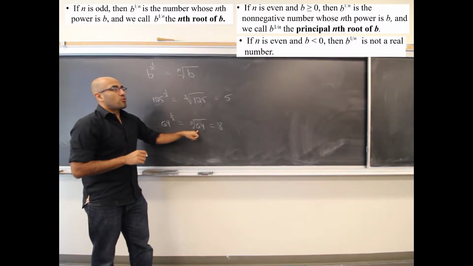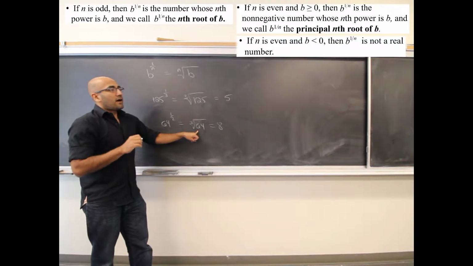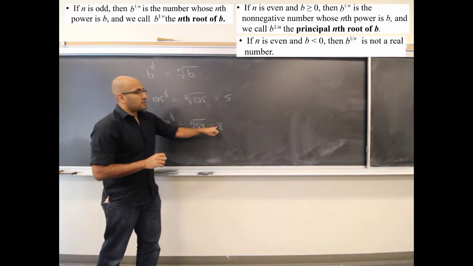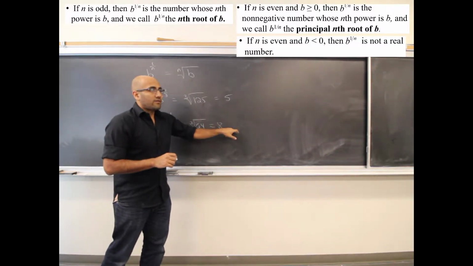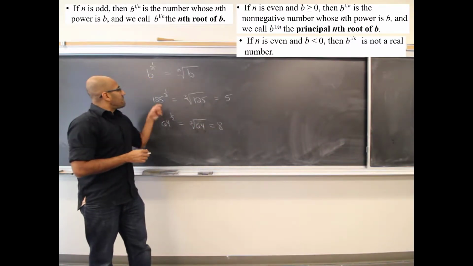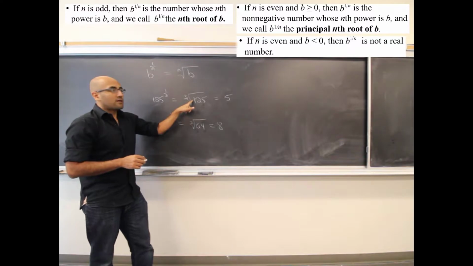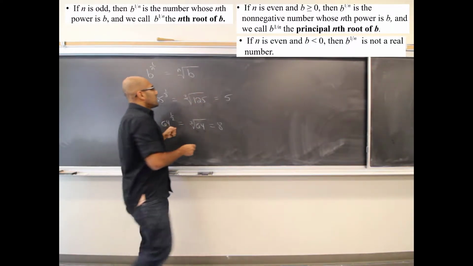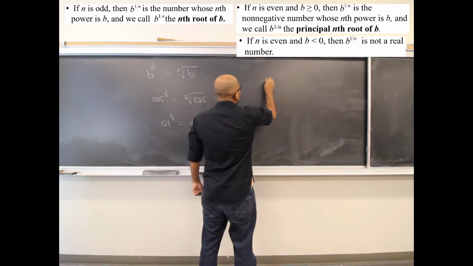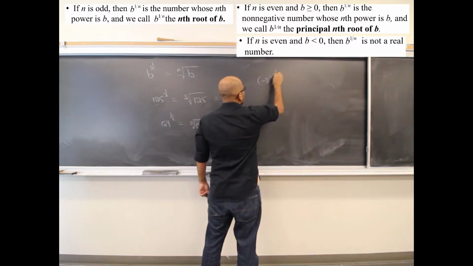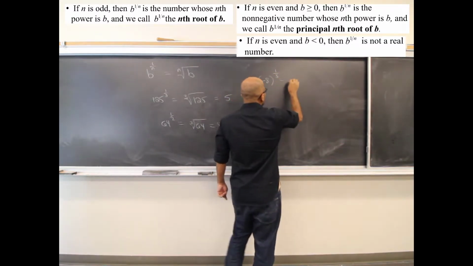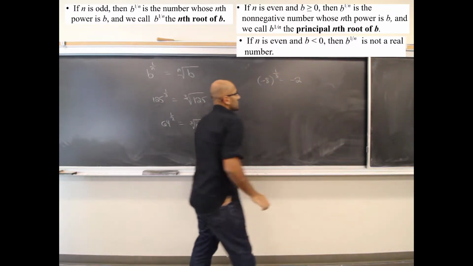And also one more situation that sometimes we have to think about is the positive and the negative possible results. If we have an odd index, then we are allowed to have a negative in here, and then the answer will be negative, right? So for instance, if we have negative 8 in parentheses raised to the 1/3 power, that's equal to negative 2.